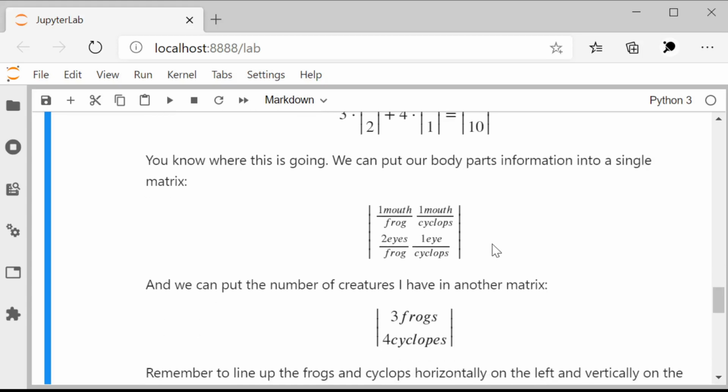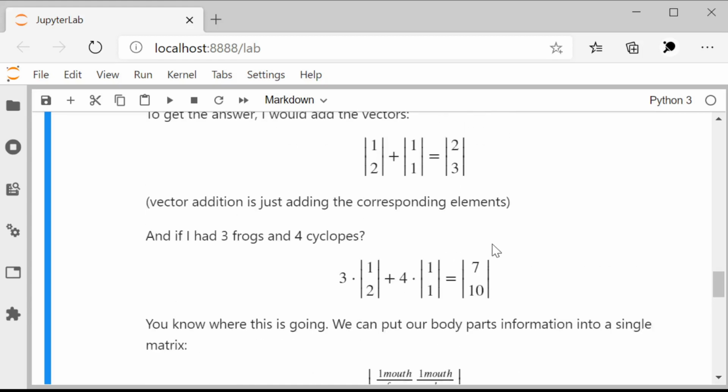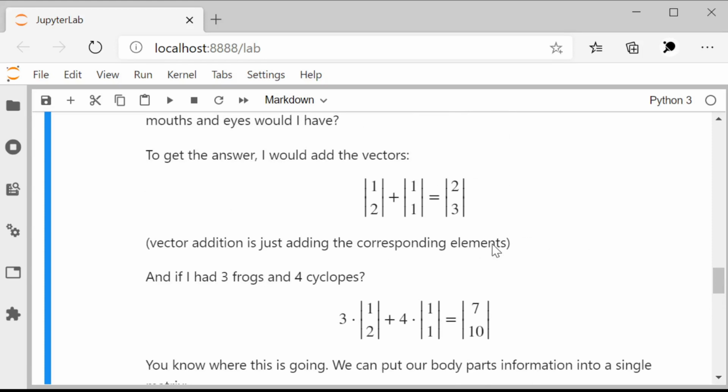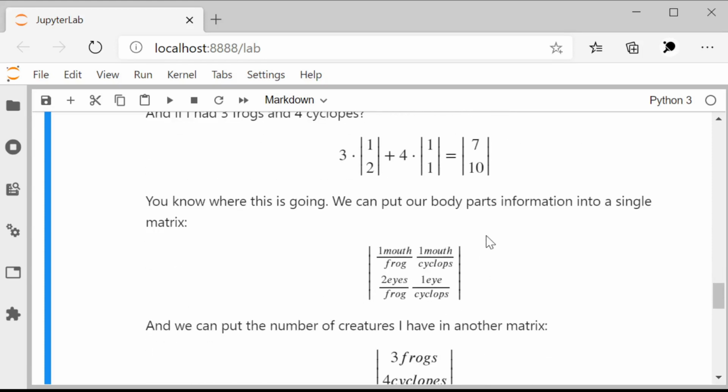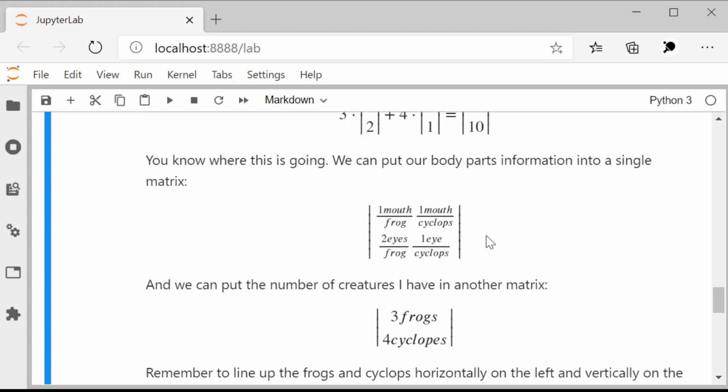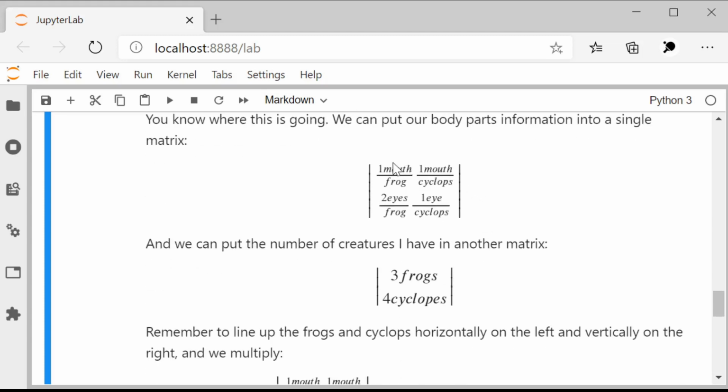And not only that, we could put our frog body part count and the Cyclops body part count into a single matrix like this. On the left column, I have 1 mouth, 2 eyes for the frog. On the right side, I have 1 mouth and 1 eye for the Cyclops. And put all together it becomes a 2 by 2 matrix.